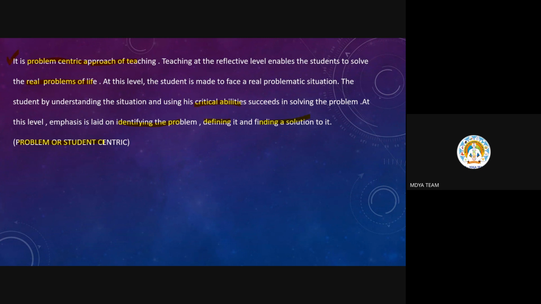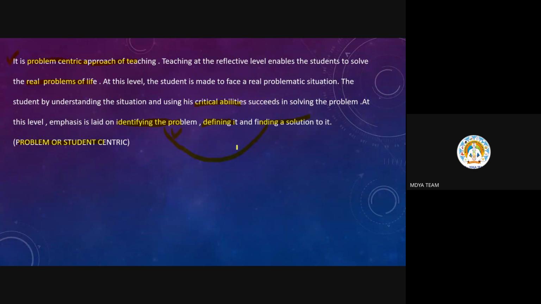Suppose in your PhD, in your research topic, there is a problem, on what you are working, and later on you will define it, and you will ultimately find a solution to this problem.